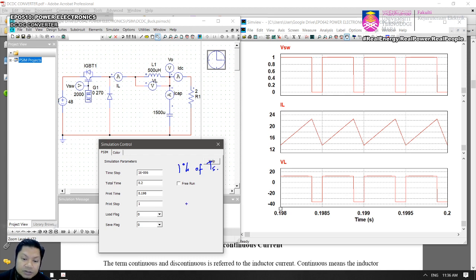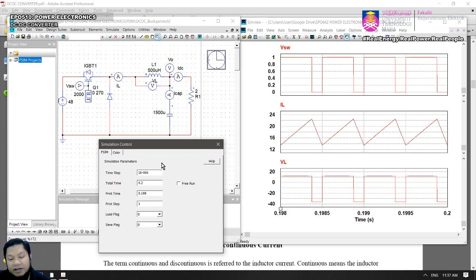Just now we have 0.5 millisecond, and now I choose my time step to be 1 microsecond. And then the total time is 0.2, so that I allow the circuit to get into its steady state.